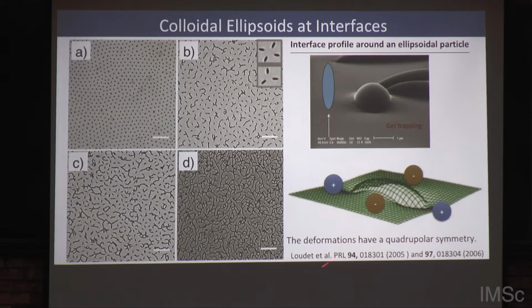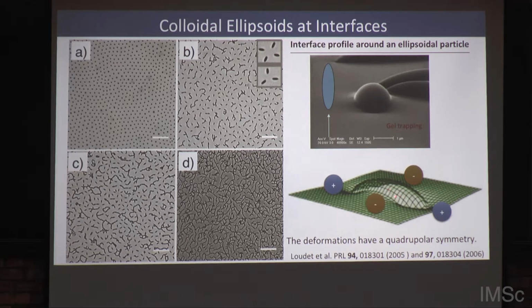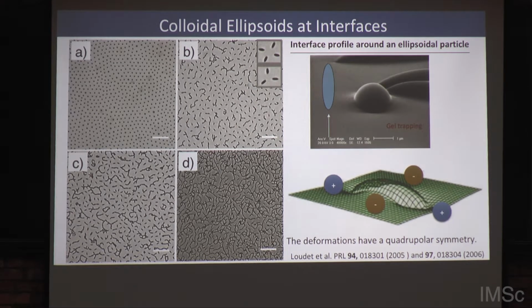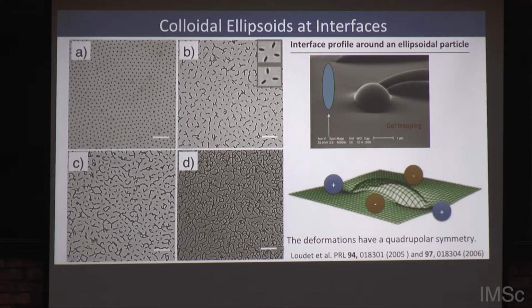and the interface assembly occurs such that, people talk about this in terms of what is called the capillary charge effect, in which there is a like-charge attraction. That means if you have a particle approaching another particle, the tips are going to be connected because the charges at the tips are identical. So in ellipsoidal particles, the only kind of assembly you will see is either tip or side.